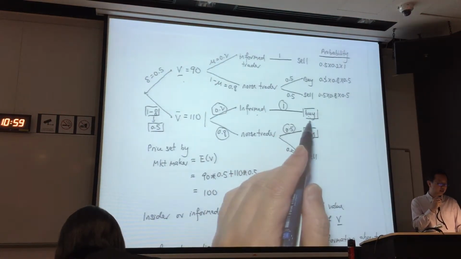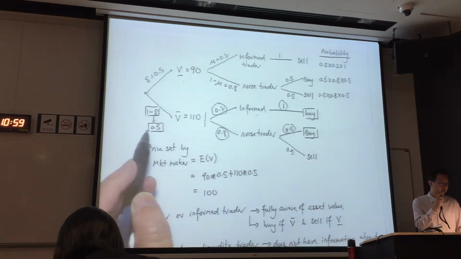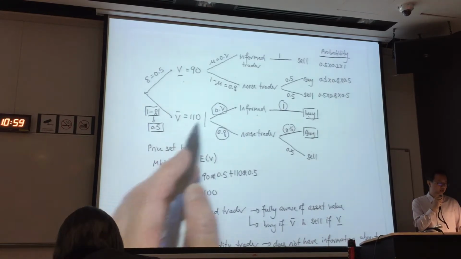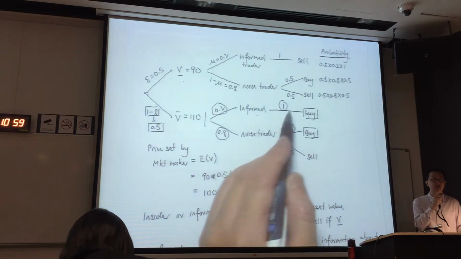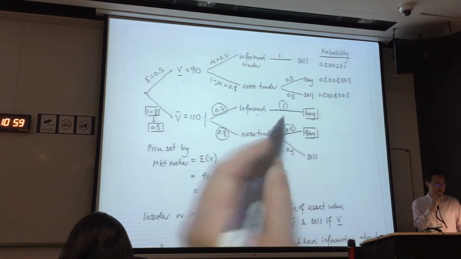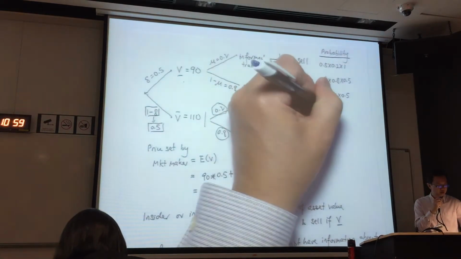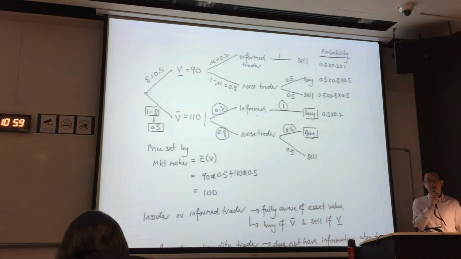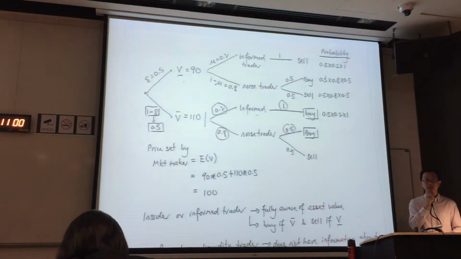Here is informed trader buying where the value is 110. So it's 0.5 again where the value is 110, multiplied by informed trader executing with 20% probability, and 100% of the time they will be buying only. So this is 0.5 probability of value is 110, 0.2 the probability of informed trader executing, and 100% that you will be buying.